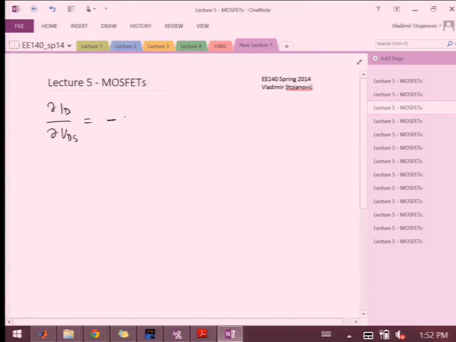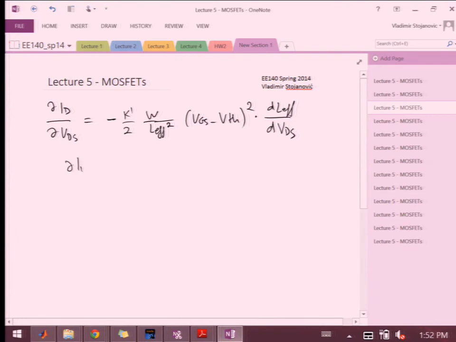So if we take the derivative, it will be minus K prime over 2, and then W over L effective squared, because we really were taking the derivative with respect to L effective. And then times VGS minus V threshold squared times, of course, the derivative of L effective with respect to VDS. Right? And from here, this piece, together with 1 over L effective, is essentially ID.